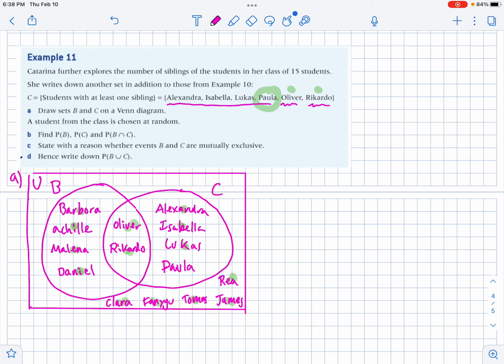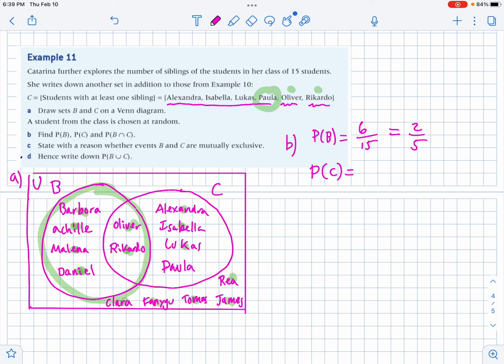Now there's 15 people. So part B says find the probability of B, the probability of C, and the probability of B intersection C. The probability of B is going to be all of the people in this zone, which is 1, 2, 3, 4, 5, 6 people out of the 15. So 6 out of 15, fully reduced, of course, is 2 out of 5.